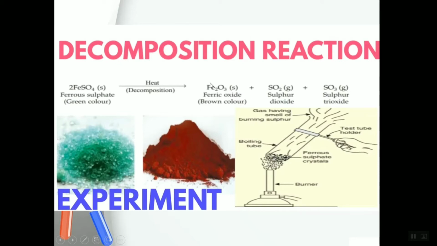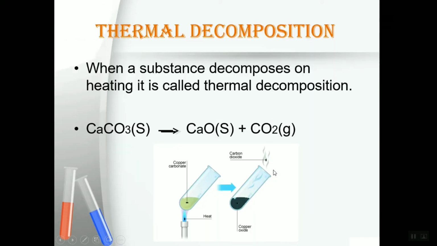That substance decomposes into three products. The first product is ferric oxide, brown colored, then two gases evolved. The first one is SO2 gas and the second one is SO3 gas. So in the decomposition reaction, one substance splits up into two or more substances. So this is a decomposition reaction.